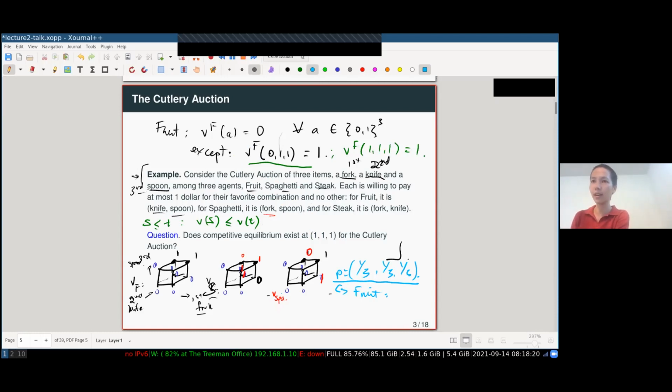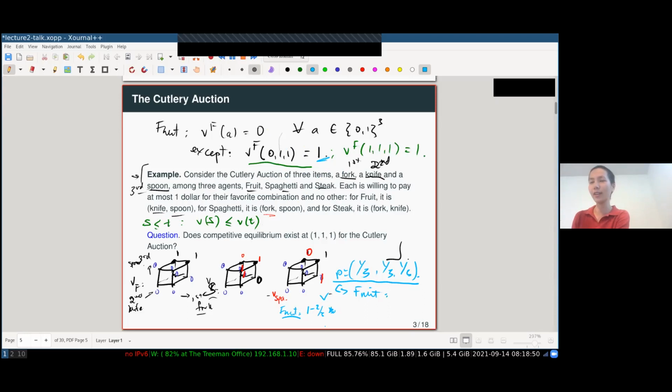Let's check that fruit is happy. So for fruit, they're happy, because if the price is 1/3 and they value everything at 1, then their profit is 1 minus 2/3, which is good.